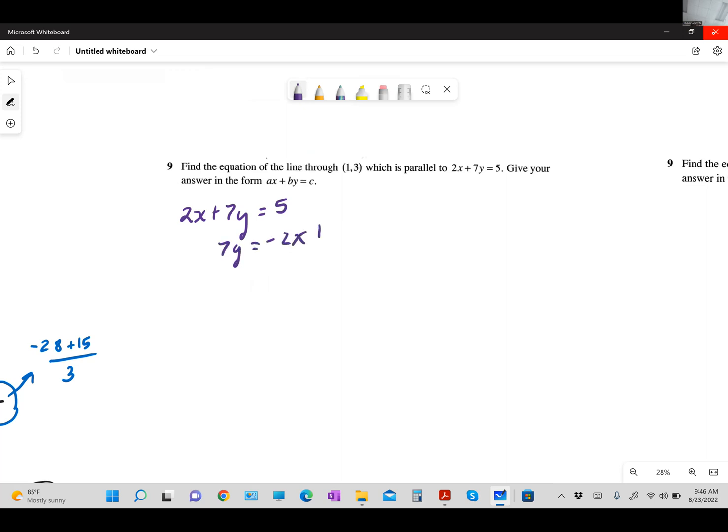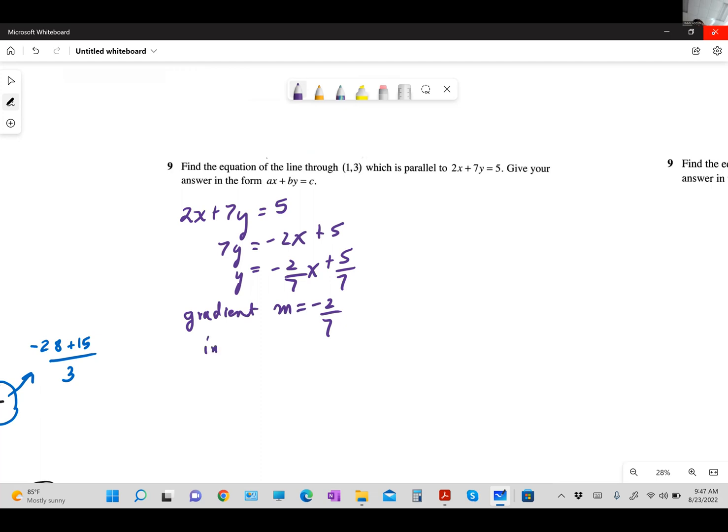Correct. So we can tell the slope right now, can't we? All right. So what is the slope? Our gradient is what? -2/7.